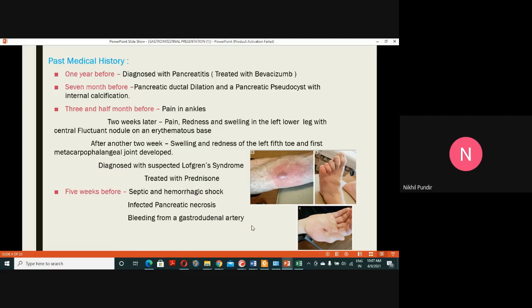Then 3.5 months before admission, he continued to have pain in his ankles, and the pain got worse after prolonged rest. His ankle felt stiff after he walked in the morning.